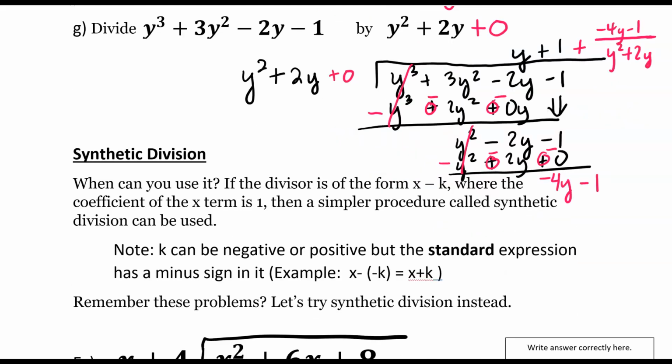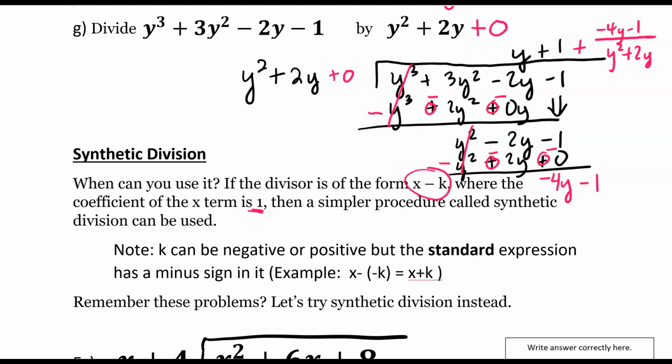All right, now let's talk about synthetic division, which is an easier way to divide polynomials. When can you use synthetic division? Well, if your divisor is of the form x minus k, then you can use it, which means that your leading coefficient has to be 1 in the divisor, and that's pretty much it.